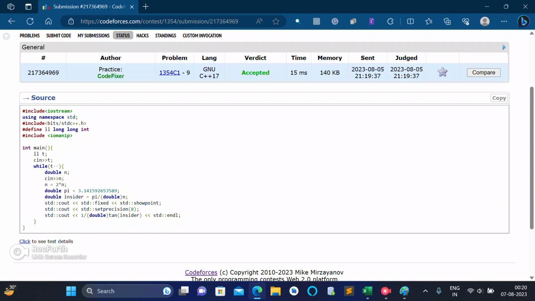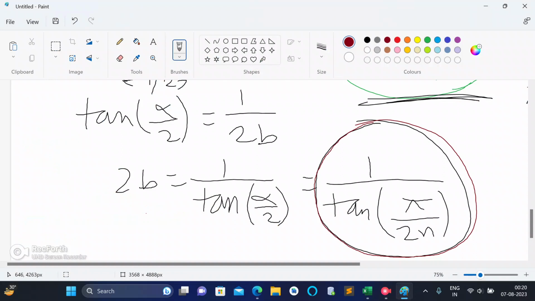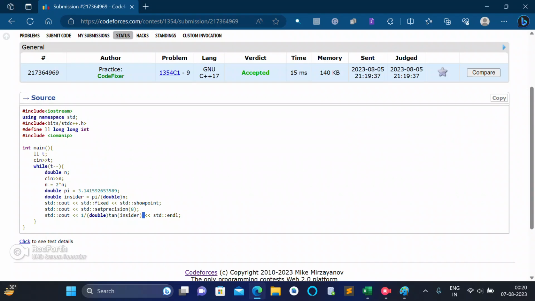So what I have done is I just applied the formula: 1 by tan of pi by 2n. Here you can see the inside is pi by n, and I have made n equal to 2 into n.